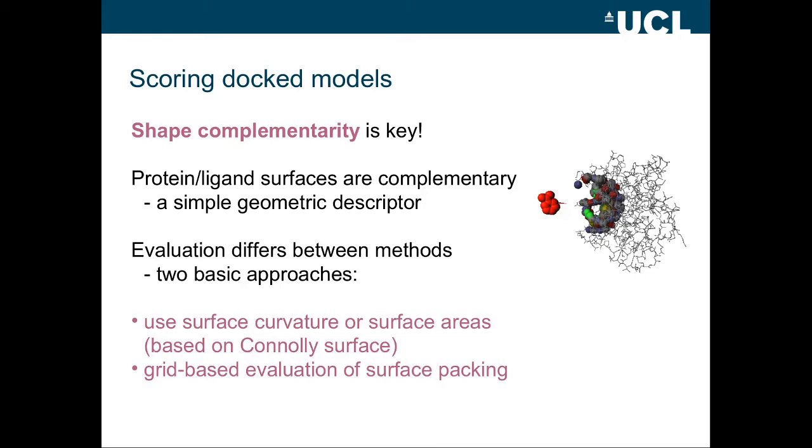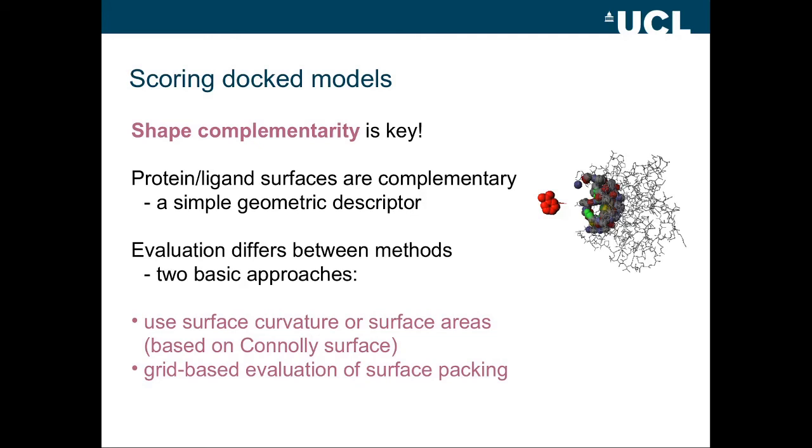Evaluation of how good the complementarity is falls into two basic approaches. The first is to use surface curvature or surface areas based on that Connolly surface that we saw before, and calculating a similar sort of surface over the small molecule and seeing how well they match.